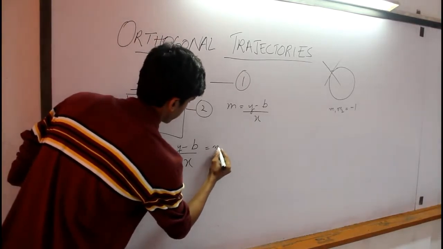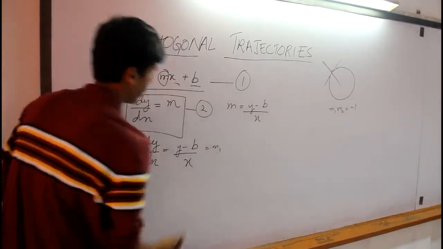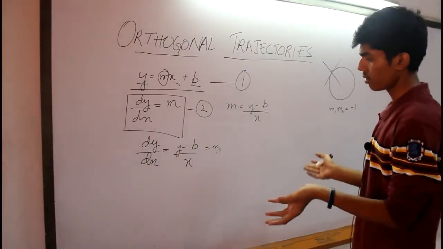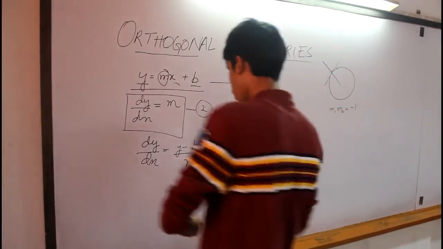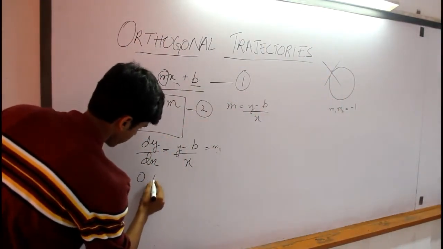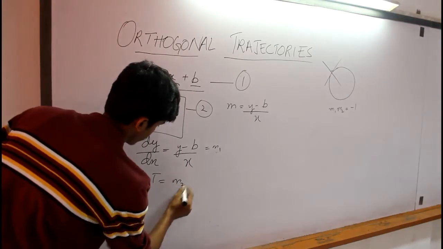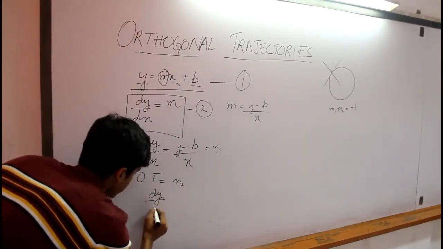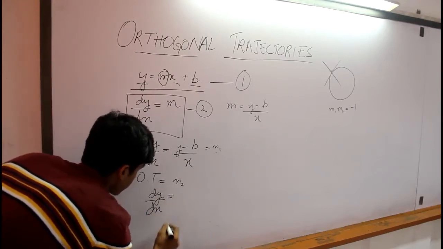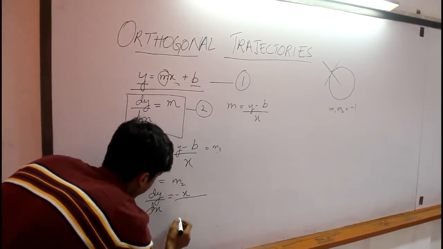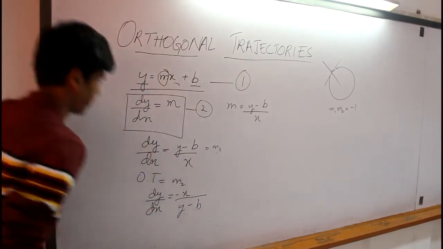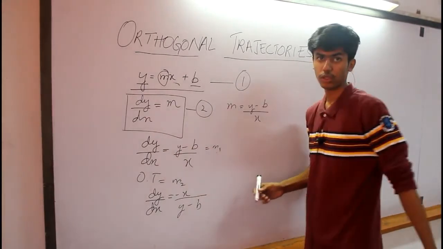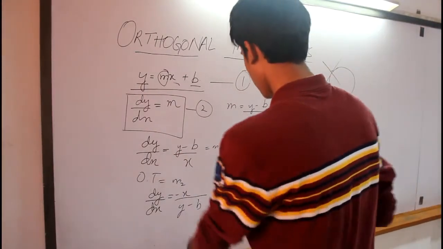So the orthogonal slope, m2, will be equal to dy by dx equals minus x divided by y minus b. This will be the slope of the second equation, the orthogonal slope.